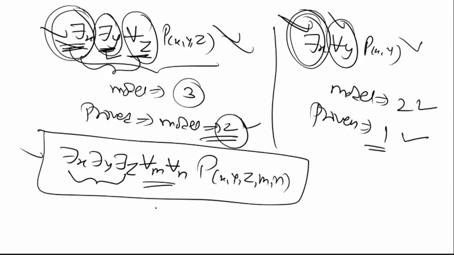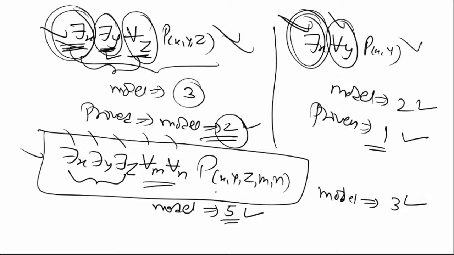In this question, let's assume they give you that there is a model of size 5. This is the information given to you, because you have 5 quantifiers. Then you can guarantee that there will be a model of size 3. How can you guarantee?